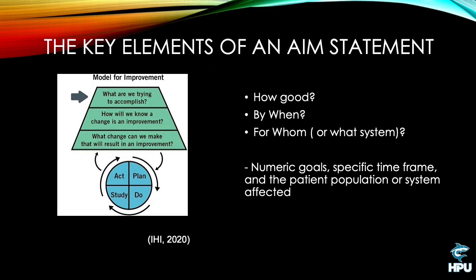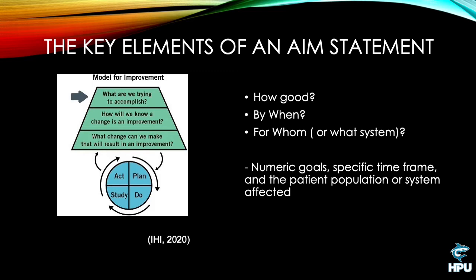If they say, we'll do better on the test, I will lose weight, I'm going to exercise more often, there is nothing specific. How good, by when, who knows? We could try forever and never get there because it's not clear where there is.